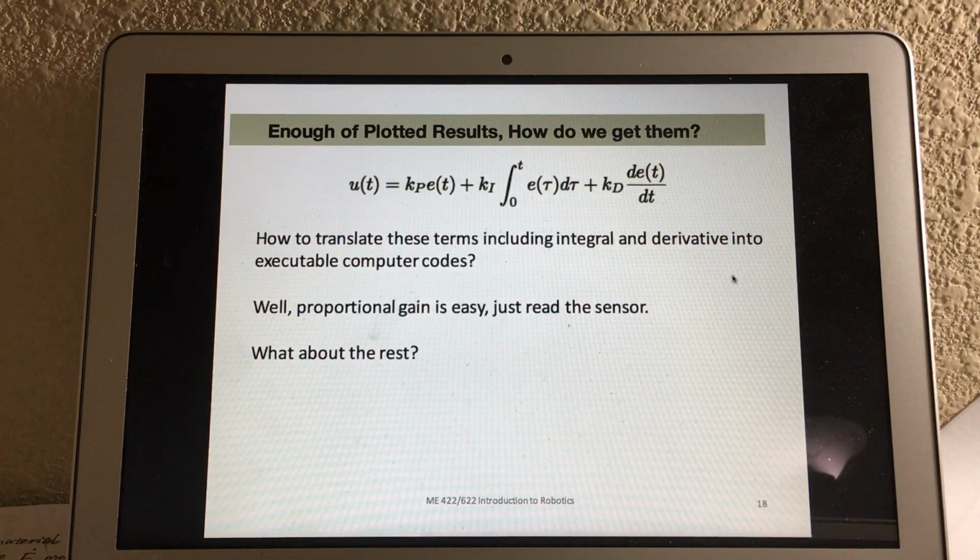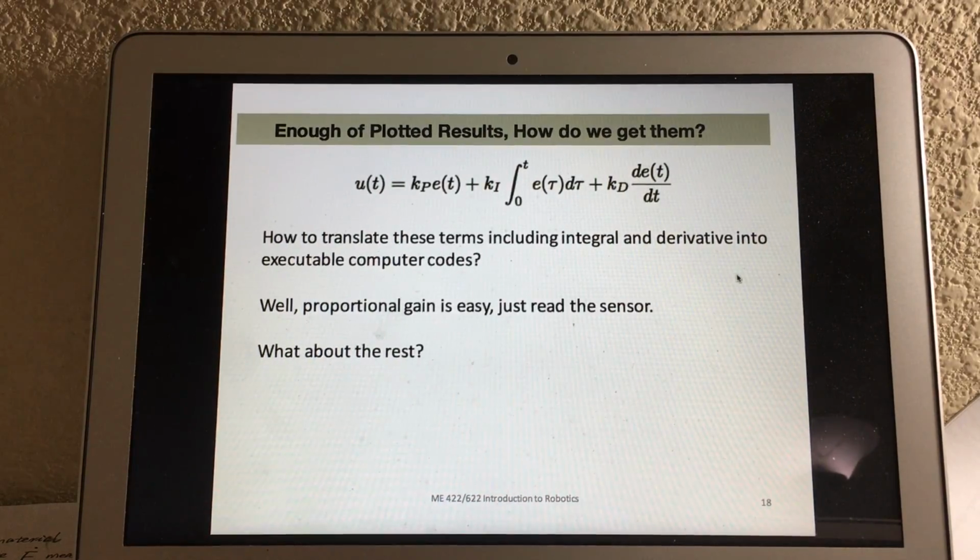Now the question here is, how do we translate these terms, including integral and derivative, into executable computer code? Because we need to write code to implement this controller, or this scheme.